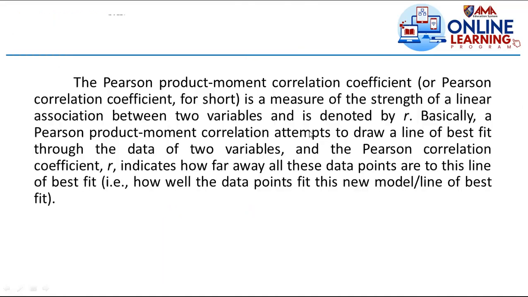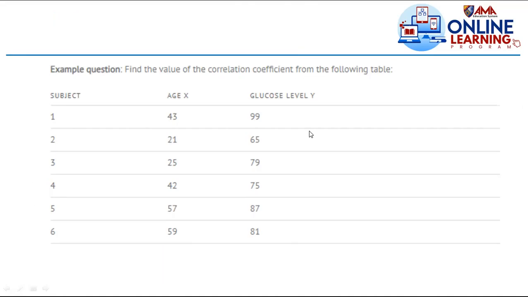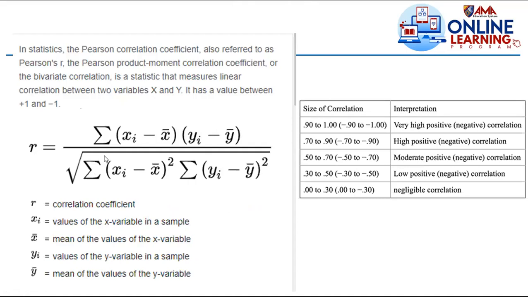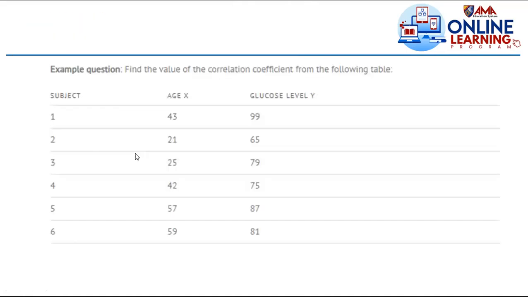Okay? So, we have our solution. Gagawin po natin, we're going to have this formula. Ito yung formula ang gagamitin po natin. So, this one represents your X, this one represents your Y. At the same time, this is your Xi. Yung Xi po natin, from 1 to 6, same with your Yi from 1 to 6, no?